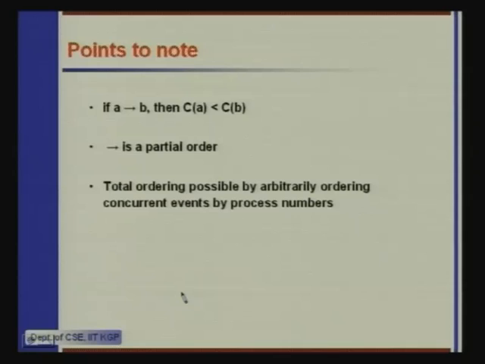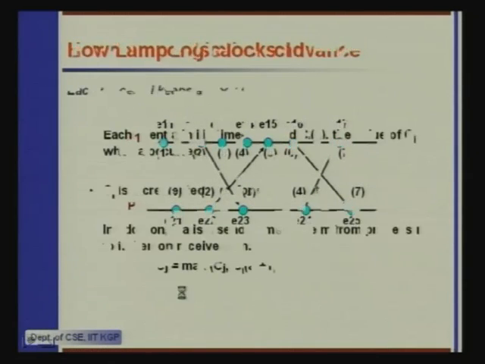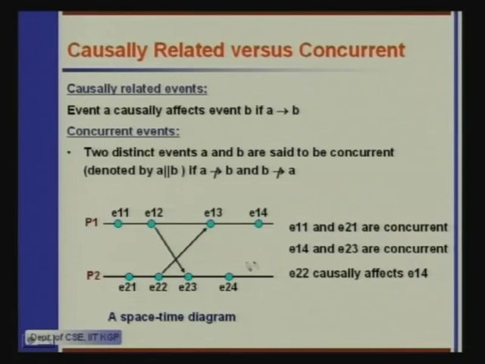For example, we did see cases where things like E14 and E23, there is no order between them. We cannot say E23 happened before E14, we cannot say E14 happened before E23. So they are not a total order, right. But there is a partial order because there is, for example, E12 happened before E23 and so on.